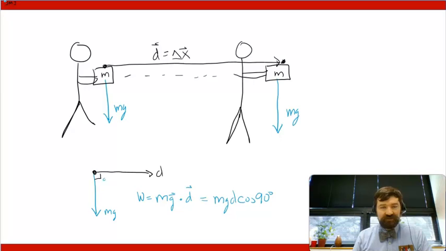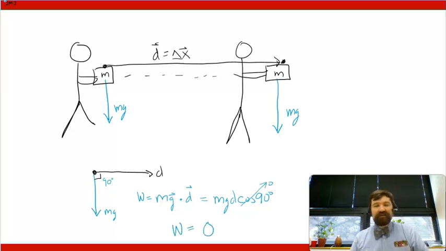This is 90 degrees. And the cosine of 90 degrees is 0. So the work done by gravity in this case is 0 joules. There's no work being done by gravity. There may or may not be work being done by me, but gravity has done a net amount of work 0 on this box.